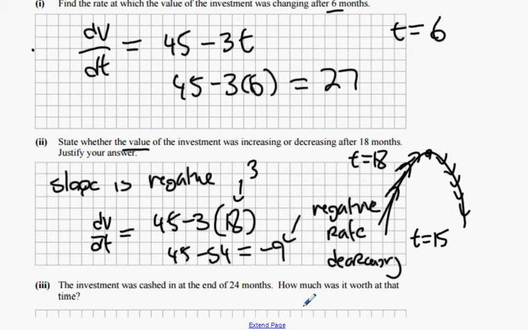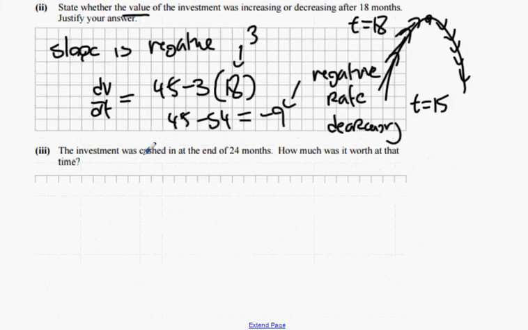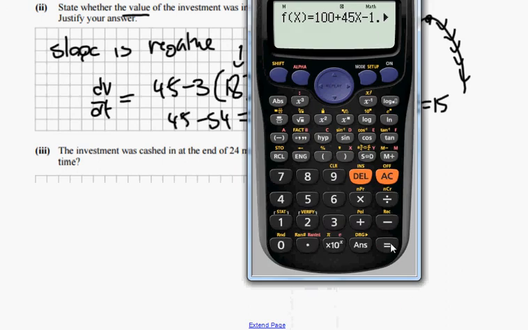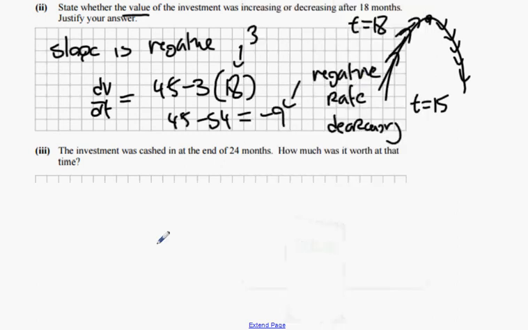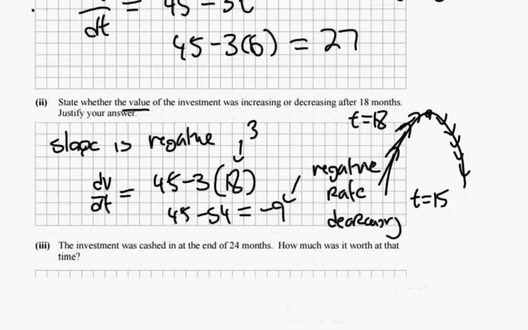Okay. The investment was cashed in at the end of 24 months. How much was it worth at that time? I have an easy way of doing this. Just go down to 24. I can check my answer. €316. It's on its way down. Another way of doing that would be just to replace t with 24.